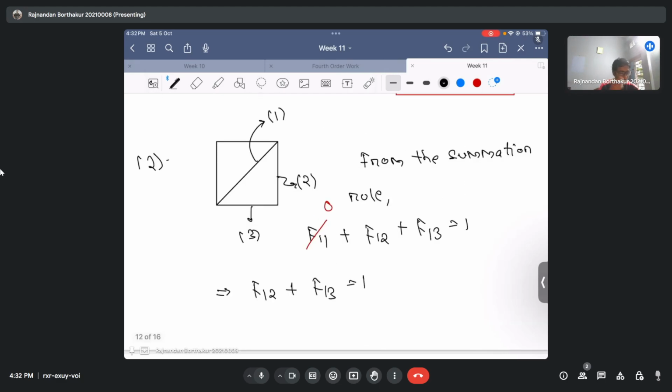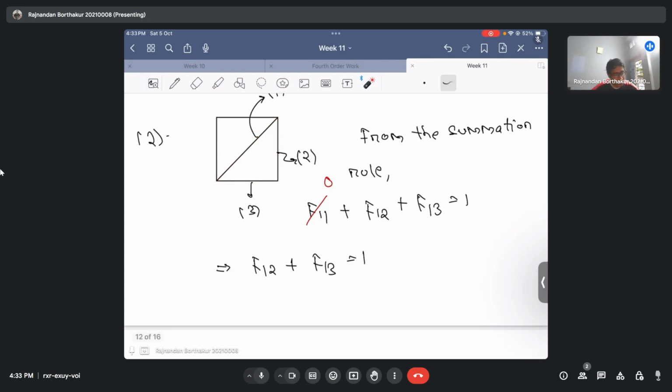Now one more thing that you need to understand is that since this is a square, there is one more hint: due to the symmetric nature of the problem, the total radiation that comes from surface 1 will be equally divided onto surface 2 and surface 3, meaning that my F12 should be equal to F13.